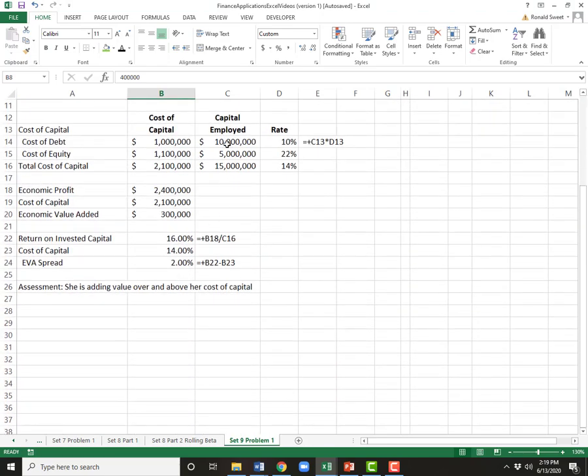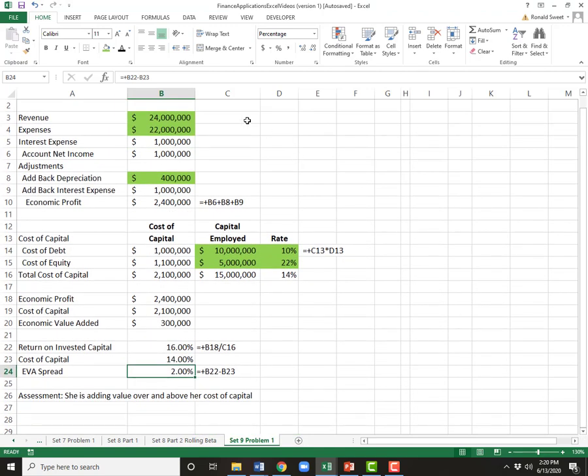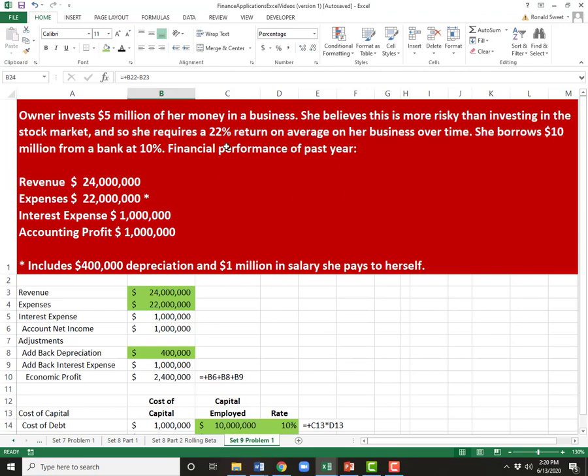And over here, the capital employed, you have to input that. And those rates, you need to input those two numbers. Everything else is a formula. All the way down, you notice you don't really need much. There's not much input into this problem. It's just 1, 2, 3, 4, 5, 6, 7 numbers. So 7 numbers from up here. You input those, and that's everything you need.